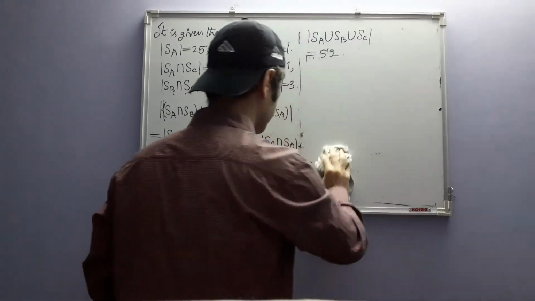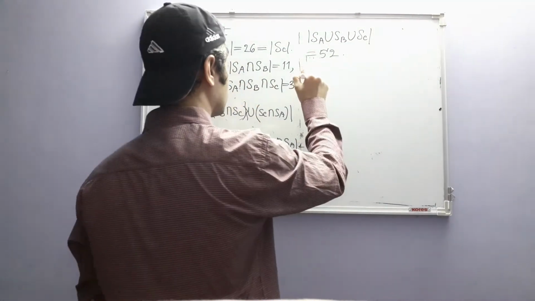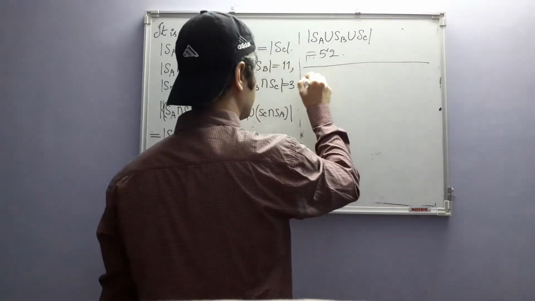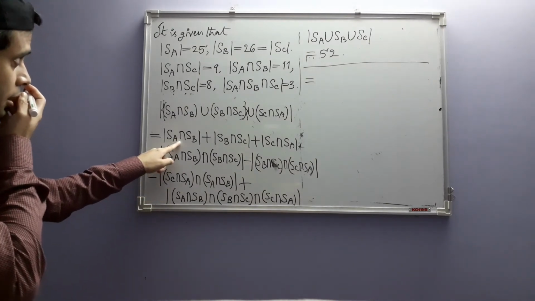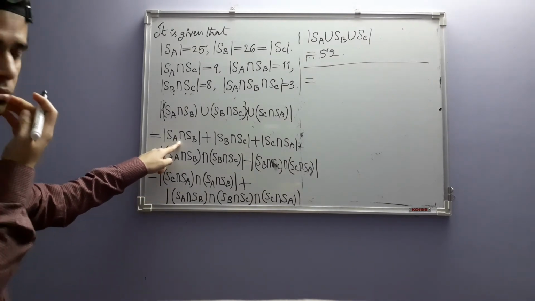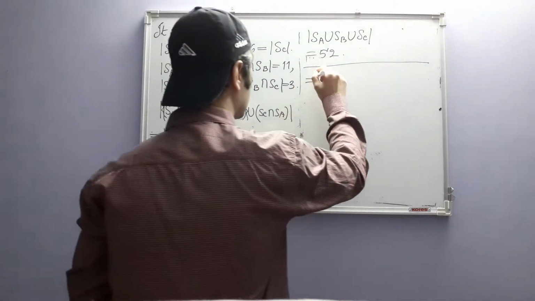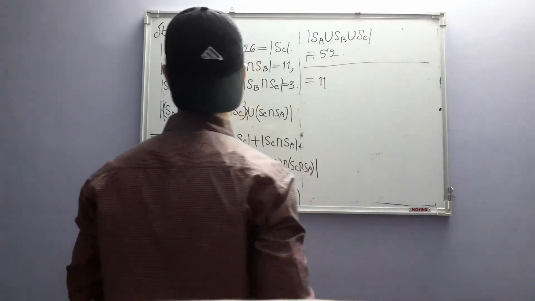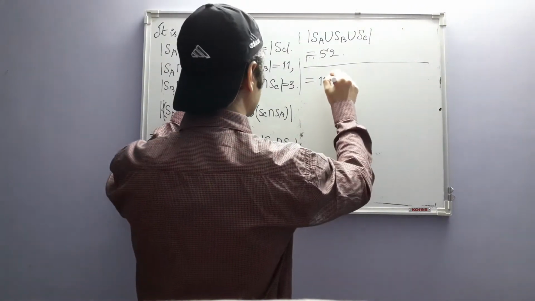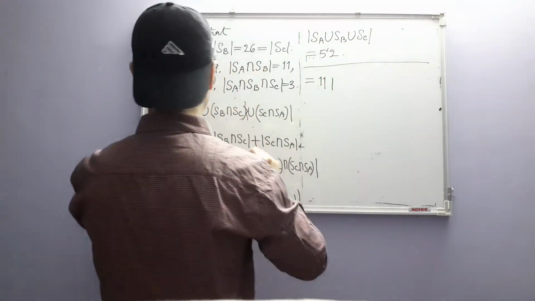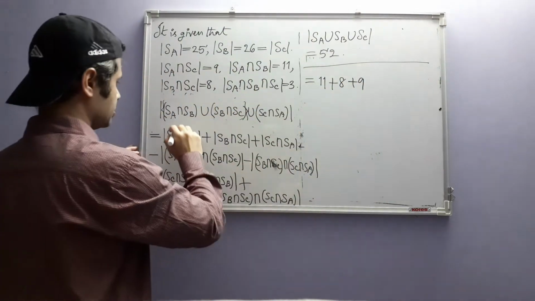Now, if I continue from here, these numbers are already available to us. 11 plus 8 plus 9. So these are these three numbers.